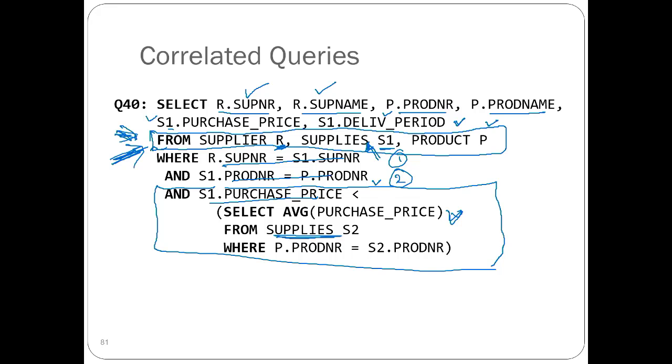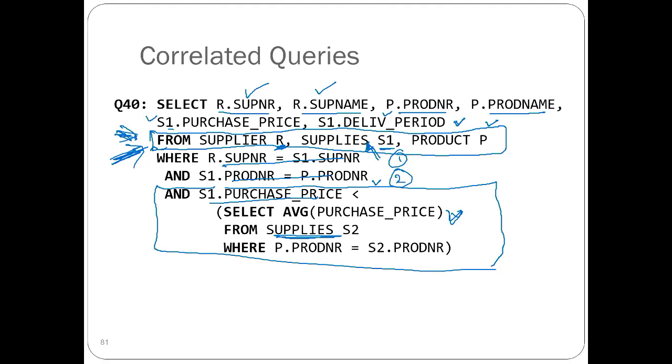So probably its English statement is a lot easier than the query that you're looking at. We are interested in printing the supplier number, supplier name, product number, product name, purchase price, and delivery period for the tuple that is providing us the price less than the average price for that product. Got it? Average price for that product.